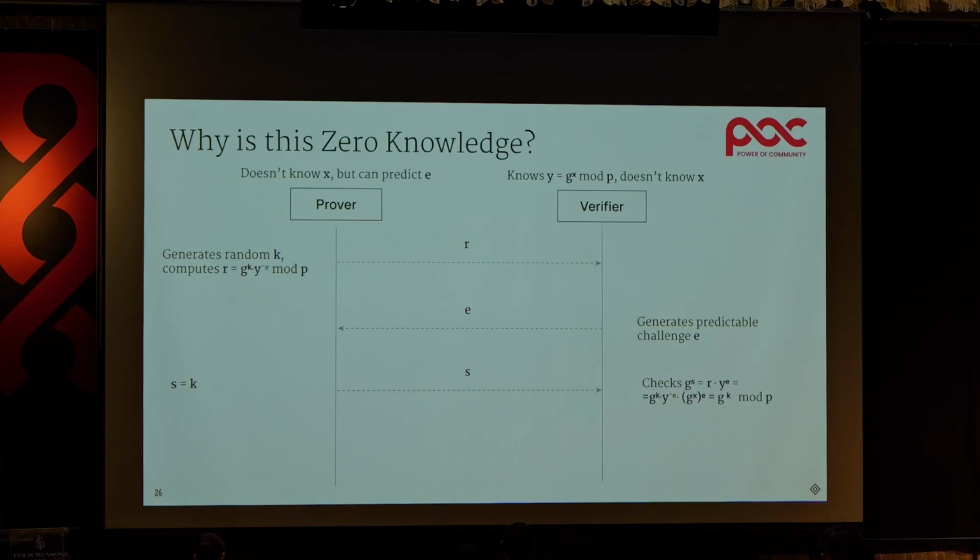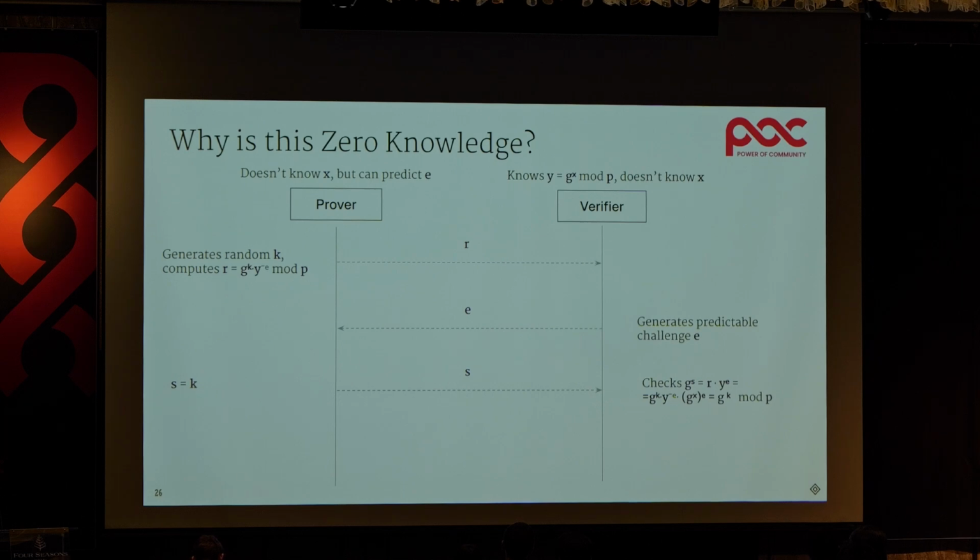So instead of sampling a random k and then sending g to the power of k, we send g to the power of k multiplied by the y element to the power of minus predictable challenge. Then we get a predictable challenge, then we send the s, which is equal to our randomness.